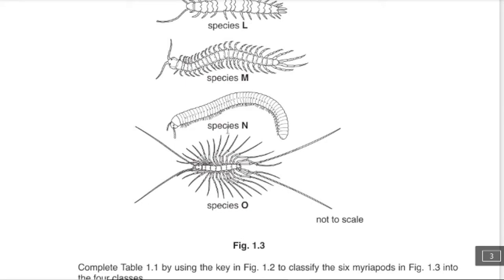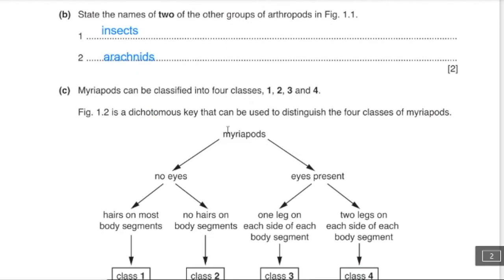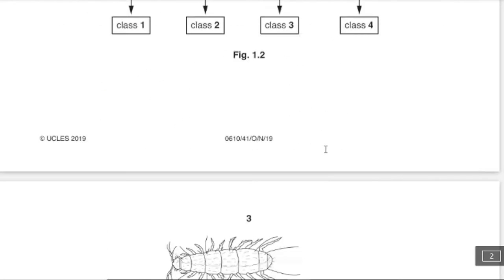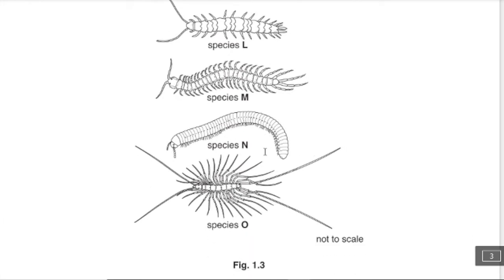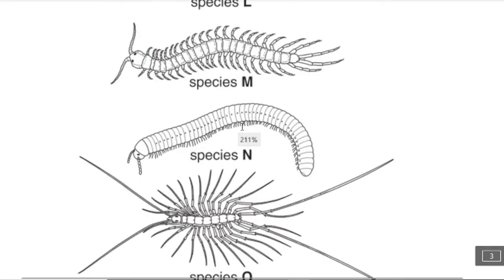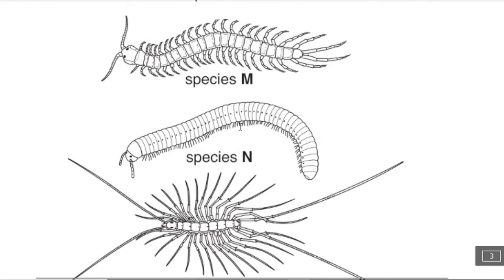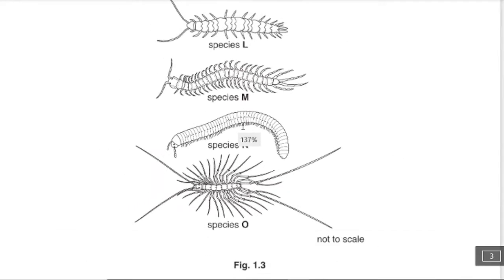Moving on to species N, right, it has got eyes, and let's see how many legs it has. Right, as we can see over here, it's quite small, so it might be difficult, but we can make out that there is more than 1 leg. There are actually 2 legs on each segment of its body.